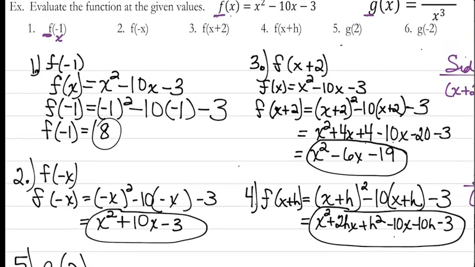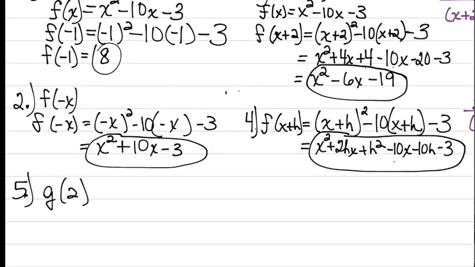And our g of x, this notation is what we want to use this time. So I find the one that says g, which is 4x cubed plus 1 all over x cubed. So wherever there was an x, I'll replace it with a 2.